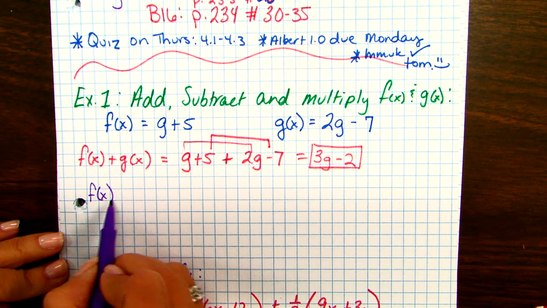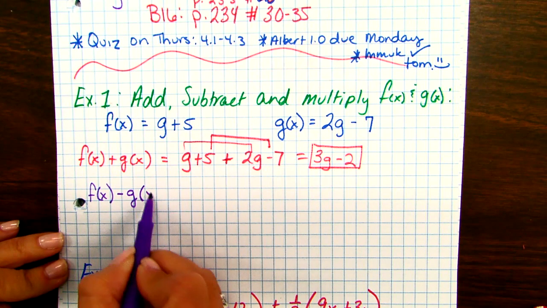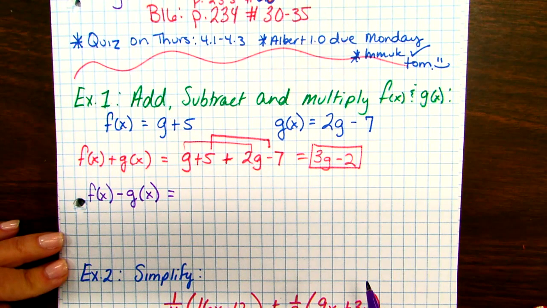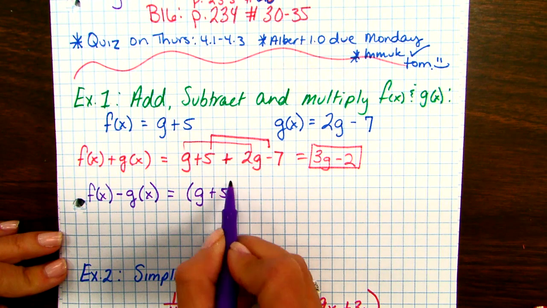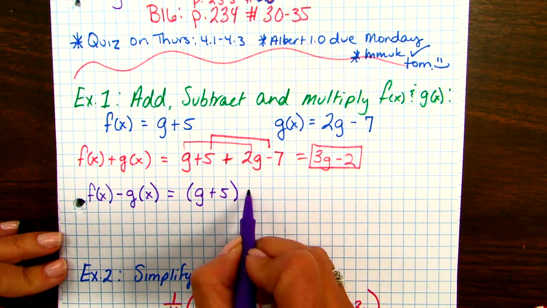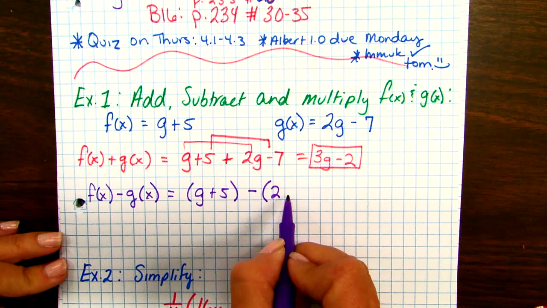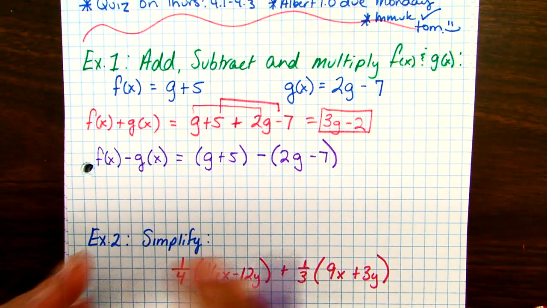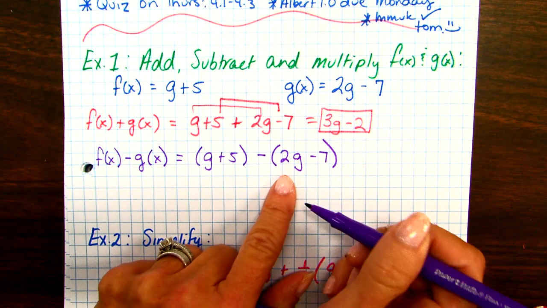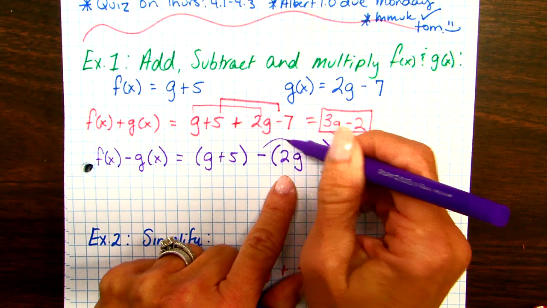You want to be really careful with subtraction problems. Okay, this is where I would use my parentheses, at least on the second set. When you have a subtraction symbol in front of a set of parentheses, or in front of a polynomial, you have to remember that it gets applied to all of them.